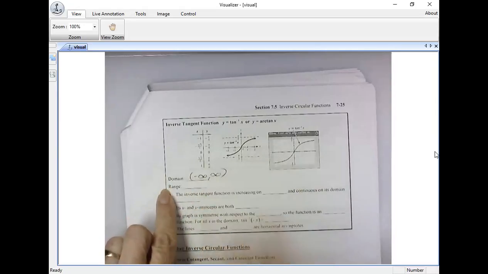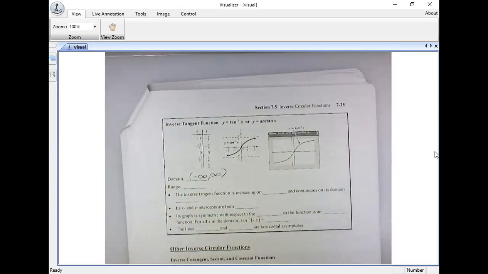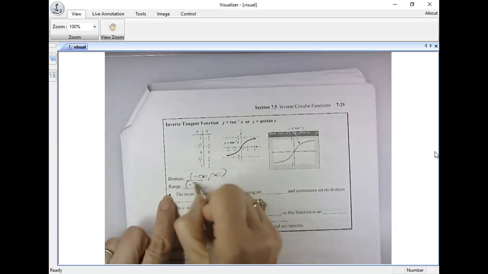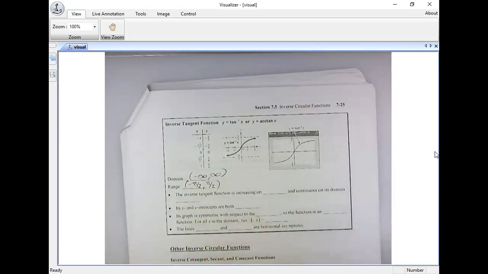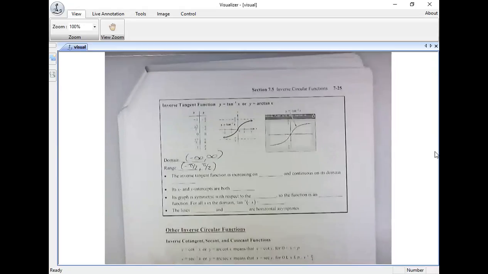To positive infinity. My range is going to be between what and what? And by the way, do you notice that these are using parentheses and not brackets? Why would that be the case? There you go. That's where the asymptotes are. So those values are not included. It's everything between those values.